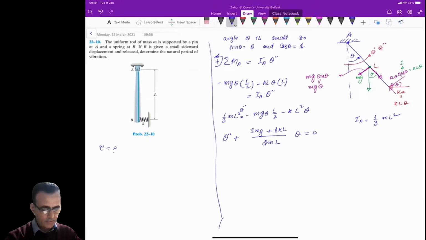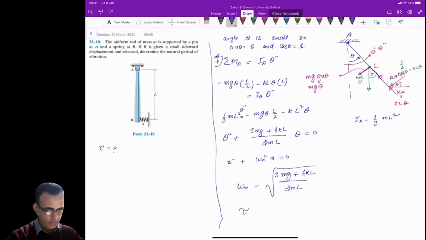Now if you again relate this equation with x double dot plus omega n square x equals 0, omega n becomes equal to the square root of 3 mg plus 6 kL divided by 2 ml.